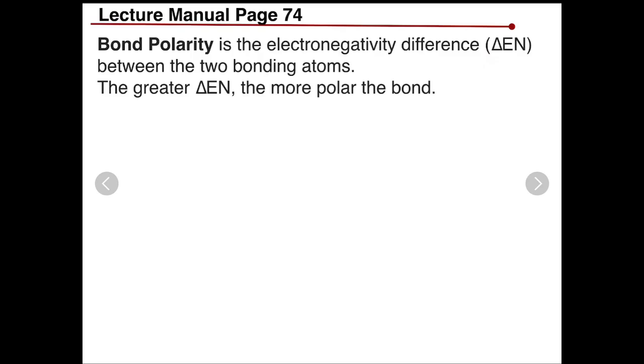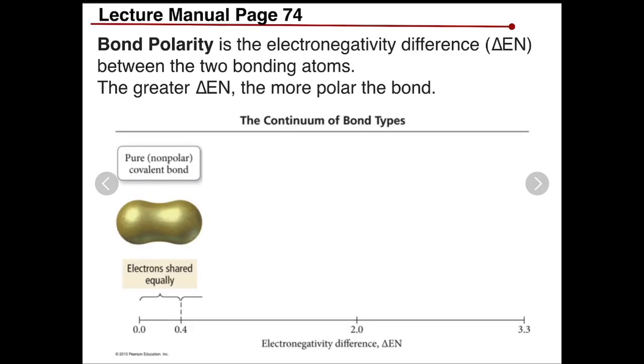Okay, the greater the difference in electronegativity, the more polar the bond is, which means the atoms are more likely to separate charge. What do we mean by that? For example, if two atoms share electrons and the difference in their electronegativity is from 0 to 0.4, we can conclude that they share electrons equally.